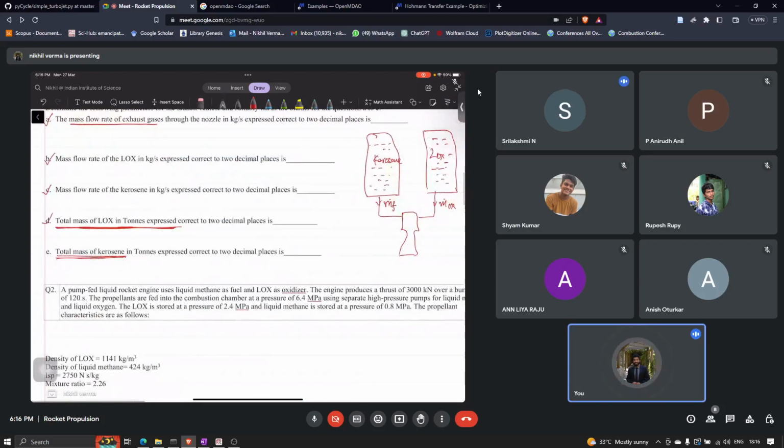Okay, so if you do that, the mass of the kerosene is mass flow rate into t, so the kerosene will be 654.9197 tons, and the mass of the oxygen will be the mass flow rate of the oxidizer into t.